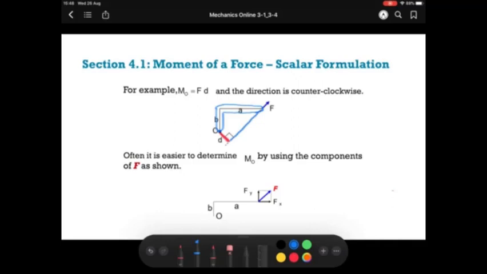So we can use the moment directly if you already know the value of d.